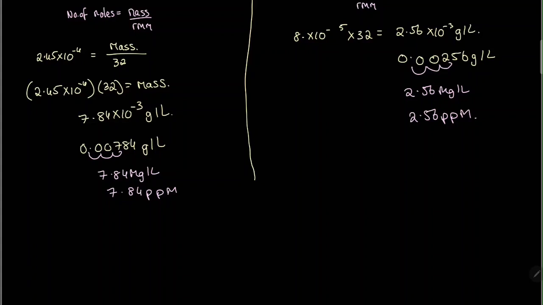So all you have to do is look at the difference in the parts per million of the oxygen before and after the 5 days. So you're going to take 7.84, take away the 2.56, and you'll get 5.28 parts per million as the difference of the oxygen uptake, or how much oxygen we've lost within that time.